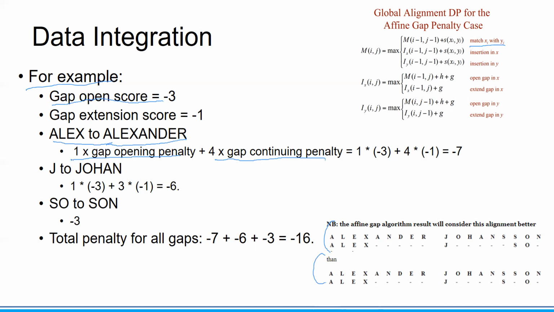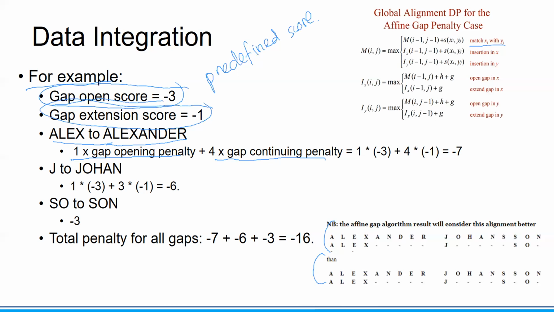So this is already defined: the open score is -3 and the extension score is -1. This is a predefined score.